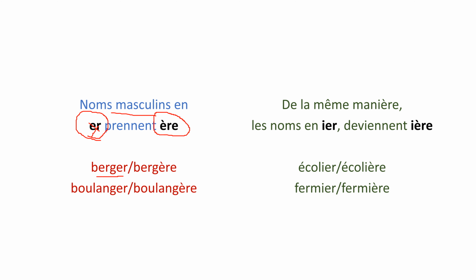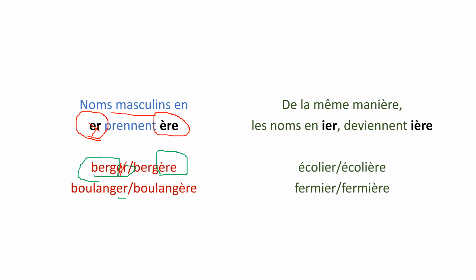For example, berger. We eliminate this ER and we replace it by this one here. So you can say this BERG is a root. It does not change. What changes is this ER here, and it becomes E accent grave RE, and there you go, you have the feminine form.